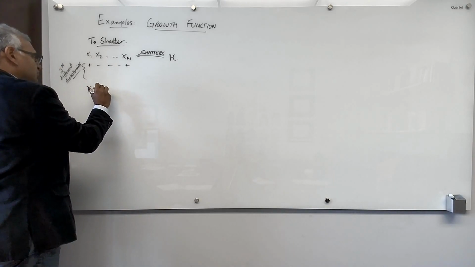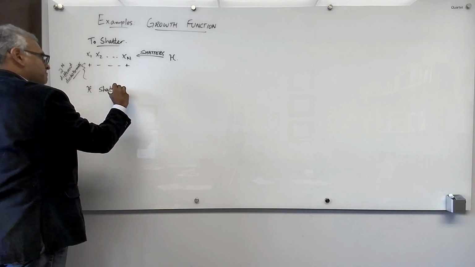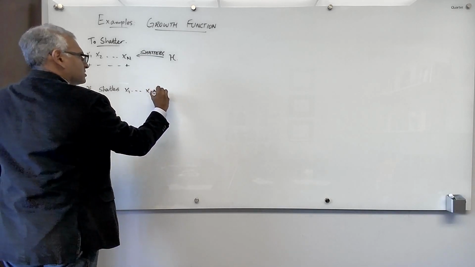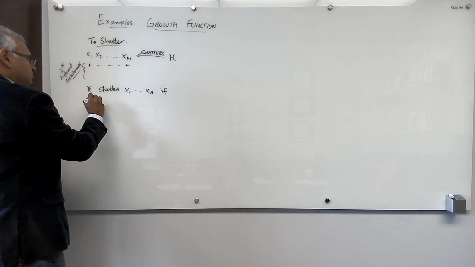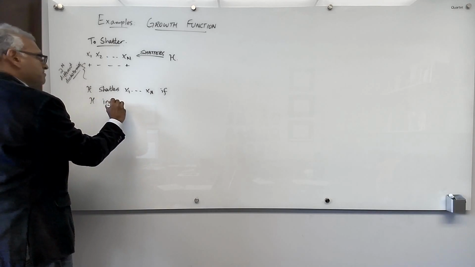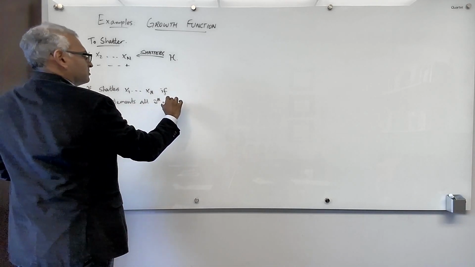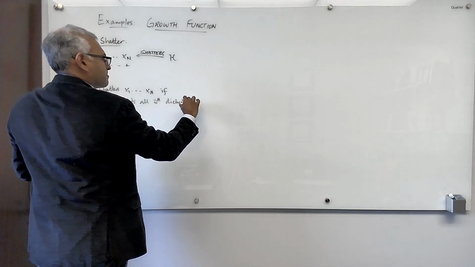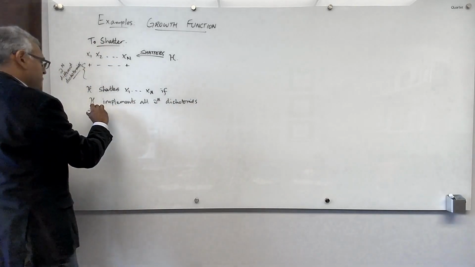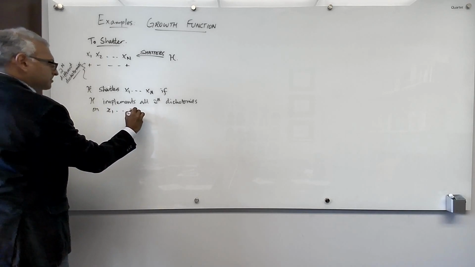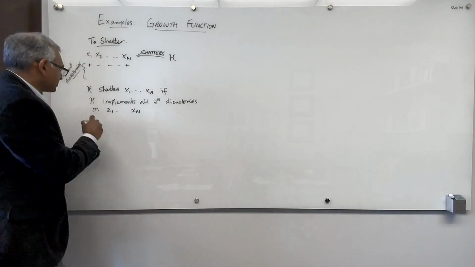So H shatters x1 to xn if H implements all 2 to the n dichotomies on x1 to xn.